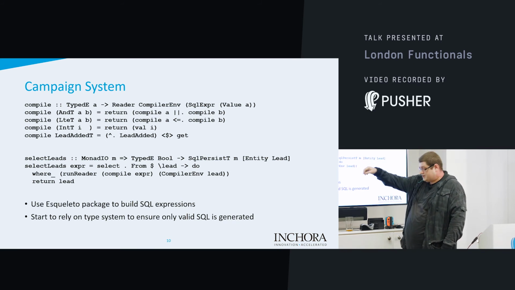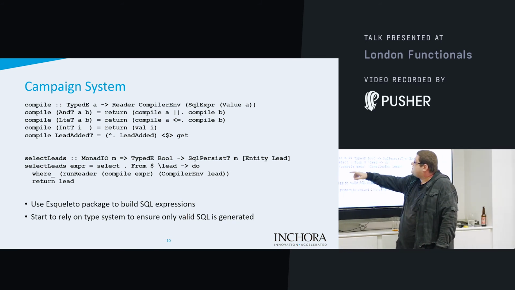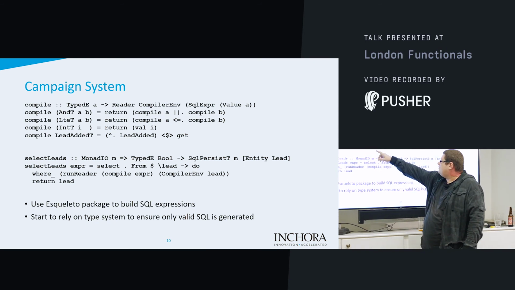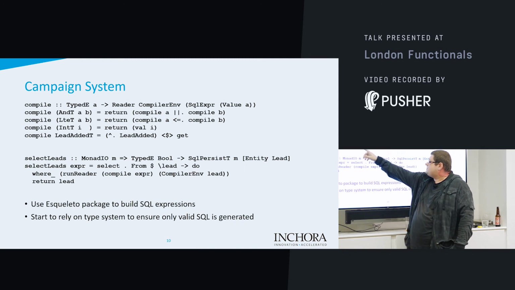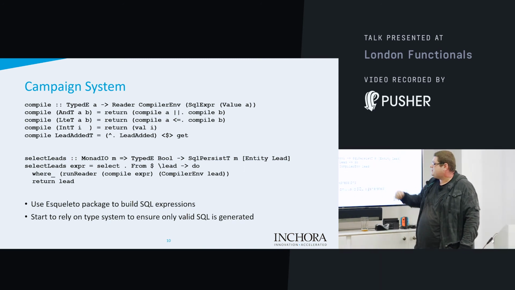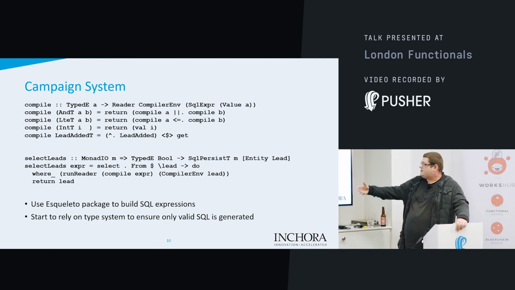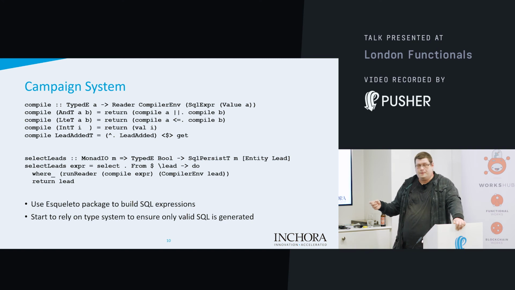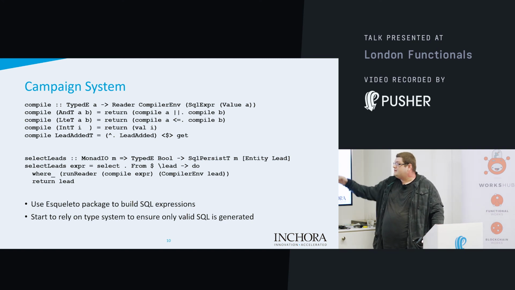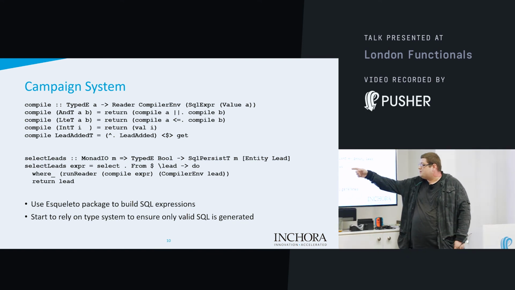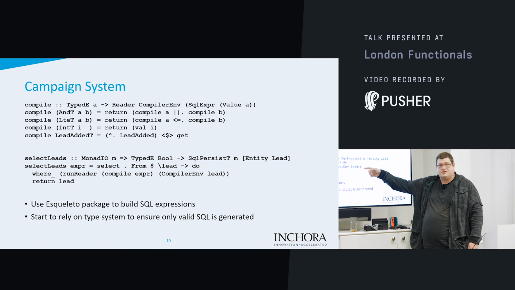If we were to have, for instance, the lead added node, where we're saying when was it added, all we do is get our environment and inspect the lead added field, using essentially a lens-like format. This allows us to build up the SQL expressions, and I gave a quick example here. If we wanted to go from a Boolean expression to a list of entities, we could say select from, this is Esqueleto syntax, and just use our compile function here.